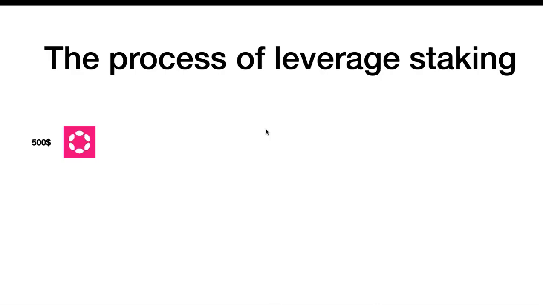So the process is, if you have $500 of DOT, you have the asset, and you could do the staking directly. The staking may give you rewards, for example 10% or 20%. But with this leverage concept, you can borrow some more money and earn more rewards.